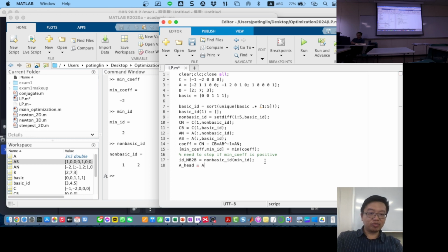For A hat, you're going to do AB inverse times AN, and the B hat will be AB inverse times B. But for the A hat, we are going to choose the so-called J column in our notes. What is J? J is going to be the min ID.